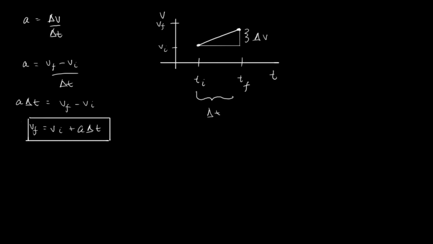So one thing to note about this is that it could be considered like our y equals mx plus b. This A is a slope, so essentially that's our m, and delta T is like our x, and this V sub I is like a b. And what does that look like? Y is equal to mx plus b.